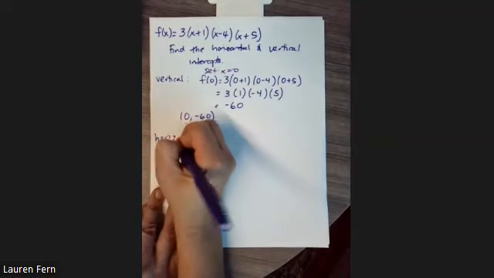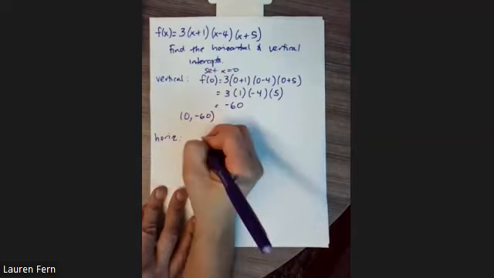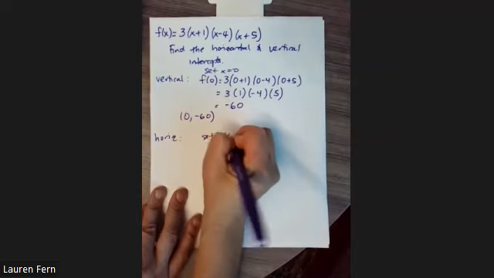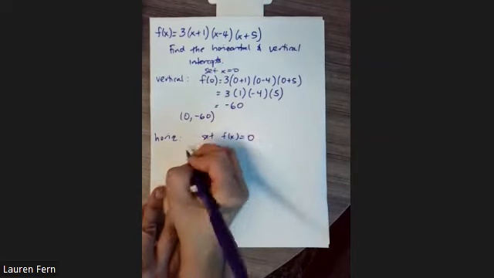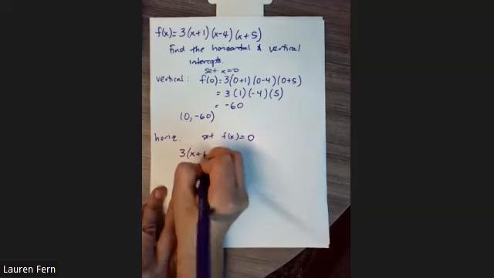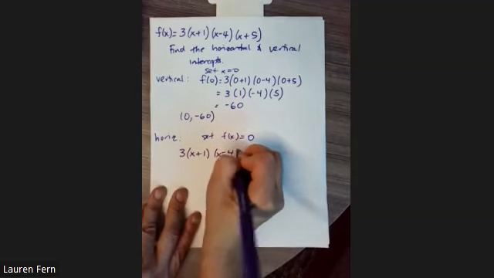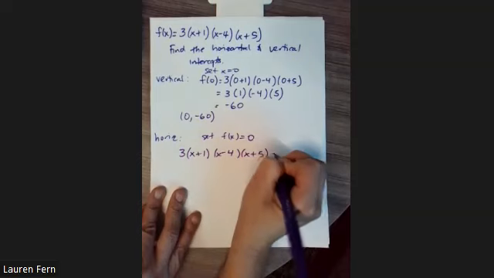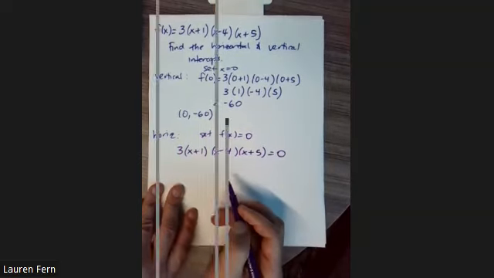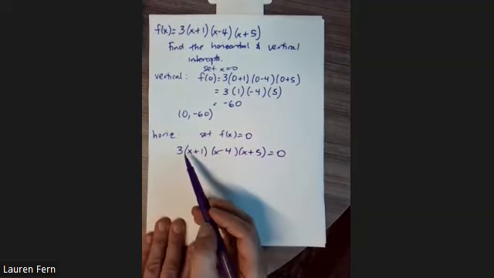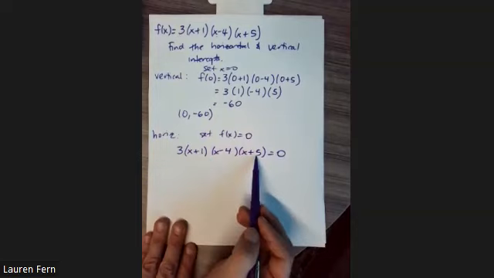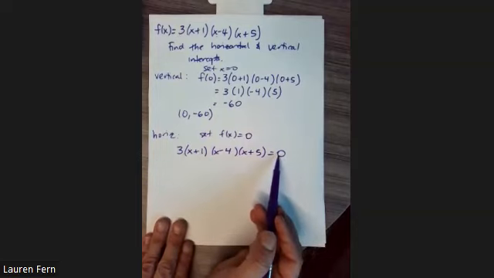Now, to find our horizontal intercepts, what we do is we set our function equal to 0. Well, if I set this whole shebang equal to 0, I can now use my 0 property. Notice I'm multiplying 4 things together to get 0.